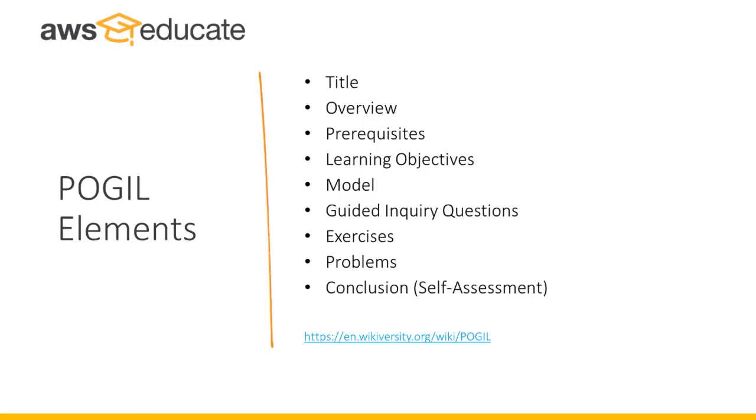What information do you want to provide that gives background that students can follow so that they can do this activity on their own? And then we give them guided inquiry questions, a step-by-step process of questions that they want to answer in order to acquire this learning.